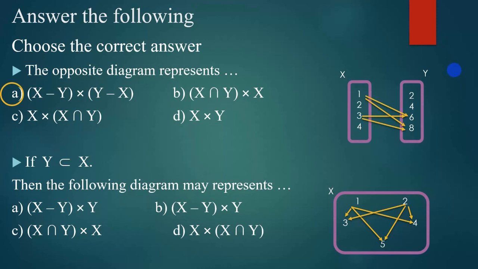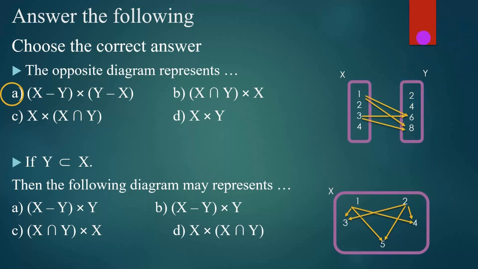Of course, number B is supposed to be cross x. Again, the choices are x difference y cross y, x difference y cross x, x intersection y cross x, x cross x intersection y. What do you think is the right answer?